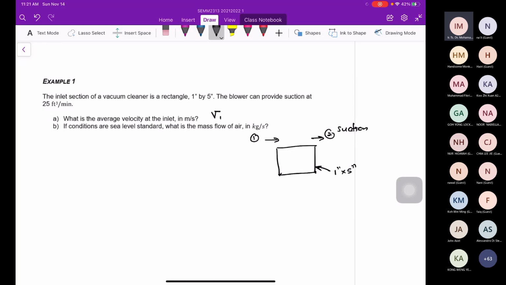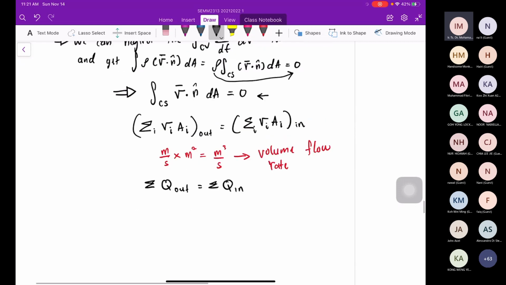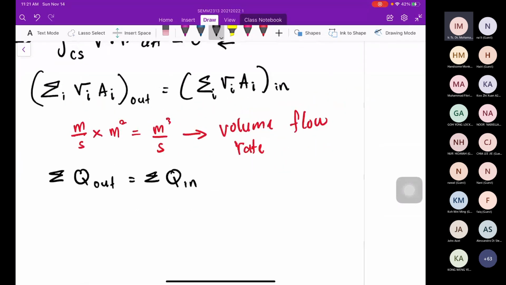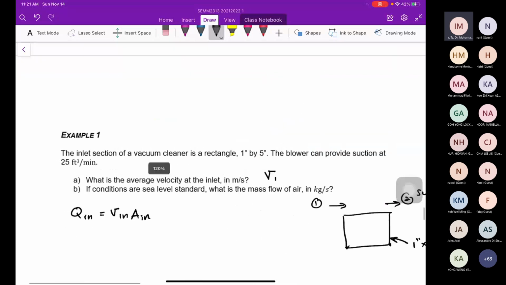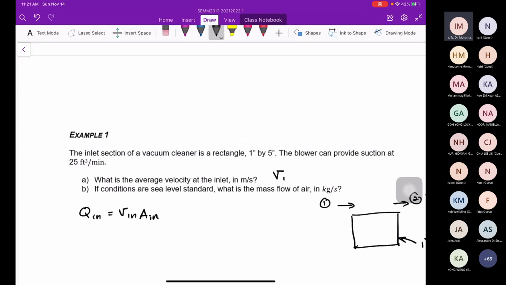We can apply Q in equal to V in multiplied with the area in, based on our previous equation, Q equal to A multiplied with V. Assumption: the air is under incompressible flow.